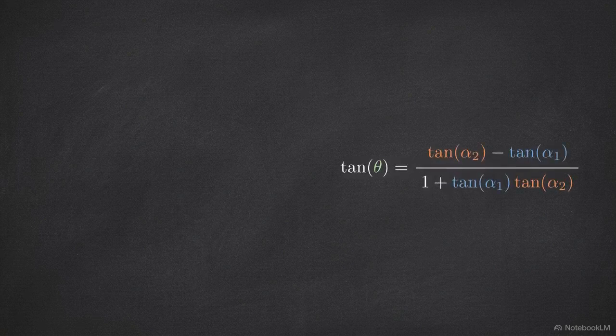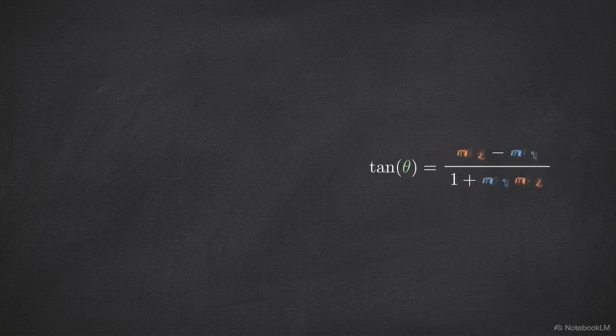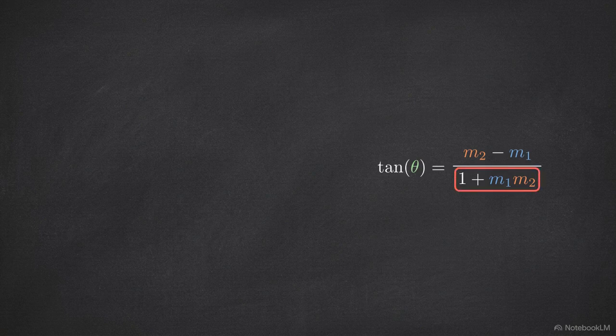The tangent of alpha 2 minus alpha 1 expands into a standard identity, the difference of the tangents divided by 1 plus their product. When we map our slope variables onto these tangent terms, we reveal the master formula for intersections. Look at the constraint in the denominator, 1 plus m1 times m2. If the lines were perfectly perpendicular, that product would be -1.